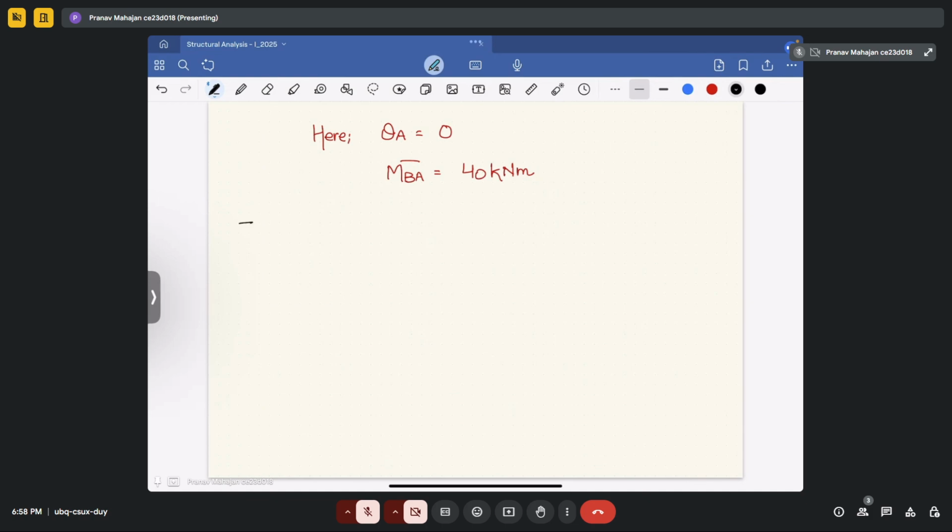So this will give you your MBA equation to be equal to 40 plus 4 EI upon L, L here is 4, into theta B. That means 40 plus EI theta B.